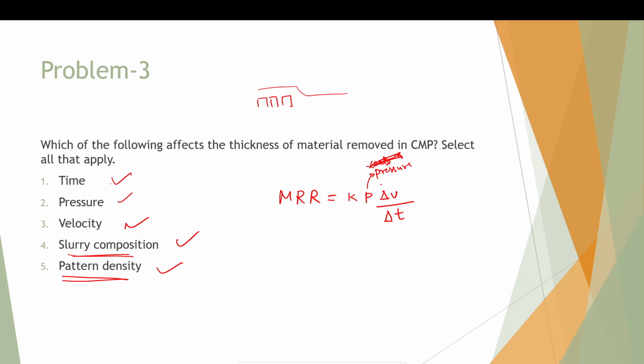Kp is the coefficient of the Preston model. The P in Kp is a suffix, not the pressure here. But pressure is also playing a role in material removal, so P should be there also, right?